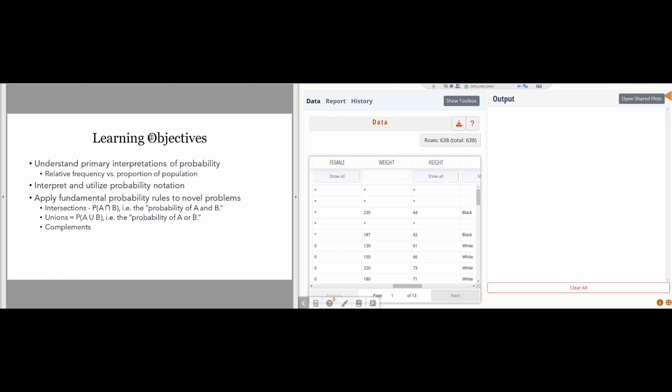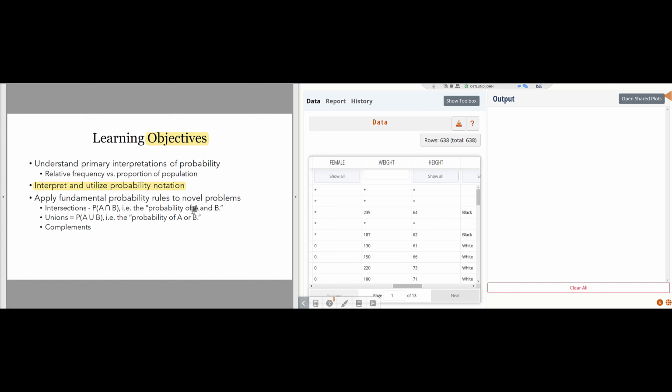Okay, so what we need to do in this section is to introduce some terminology and calculations involving very basic probability and how to interpret the concept of probability. Probability is usually described using set notation.